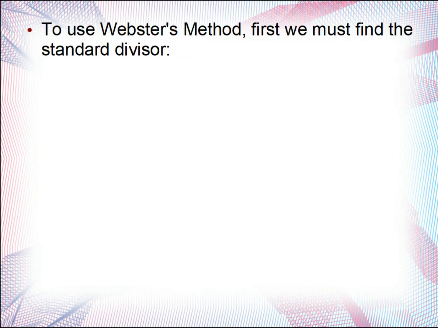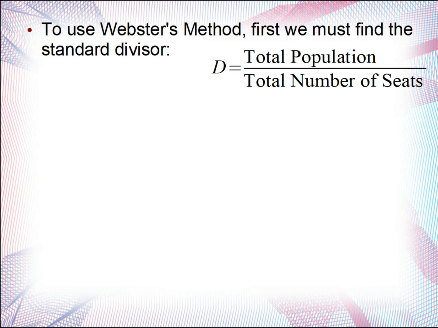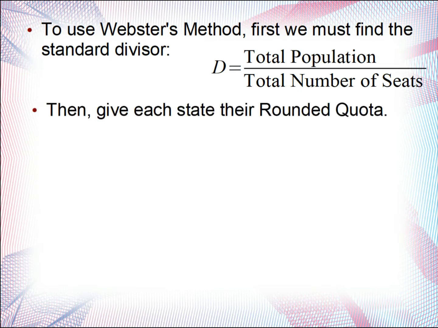So to use Webster's method, we must first find the standard divisor, which is the total population divided by the total number of seats. So we use the standard divisor to determine the standard quota, and then what we have to do is we give each state their rounded quota. Rounded quota is a new vocabulary word, which I will define in a couple minutes.